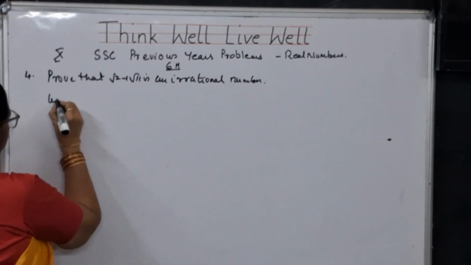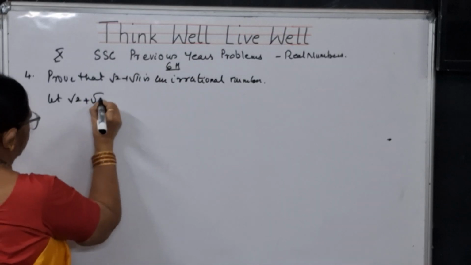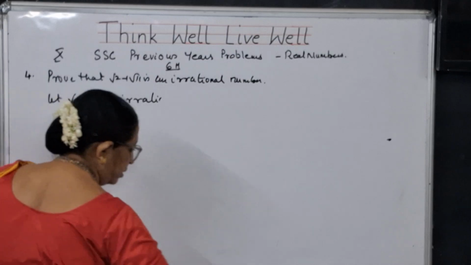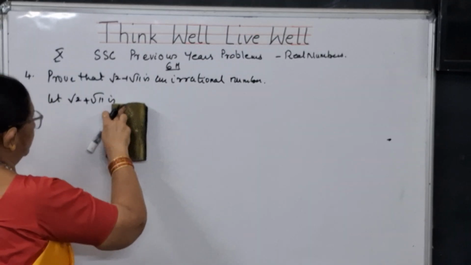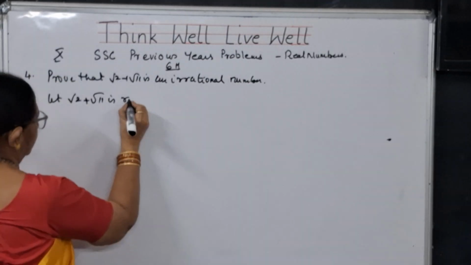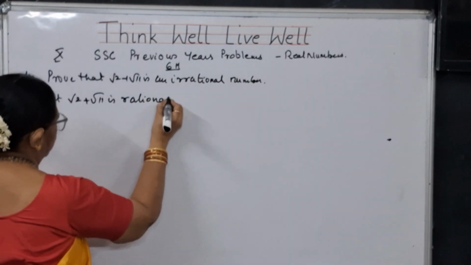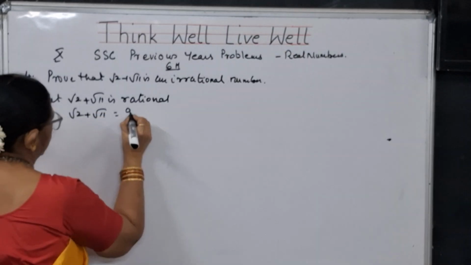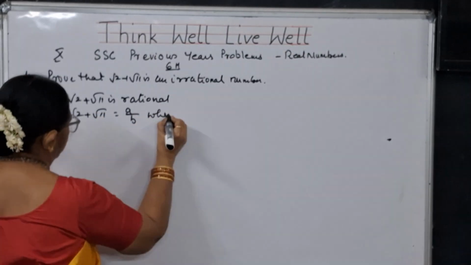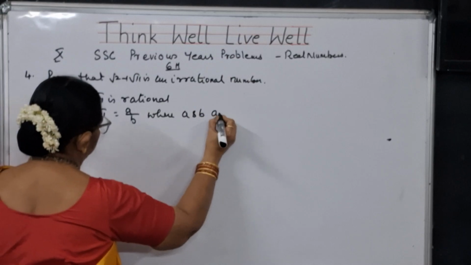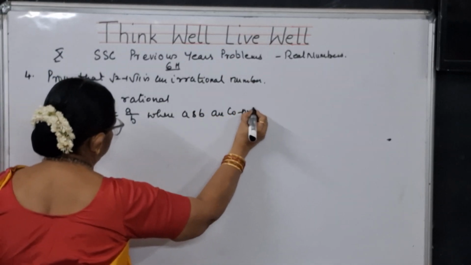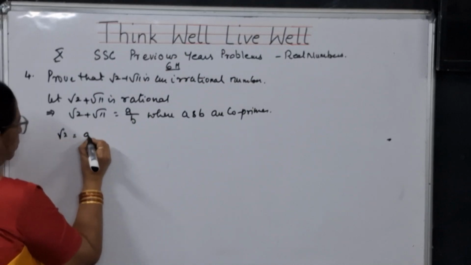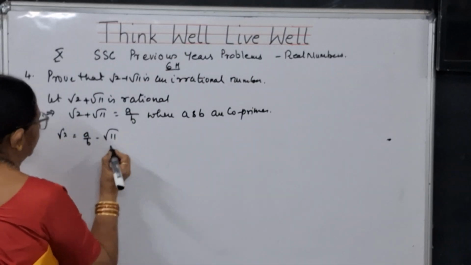So let us suppose root 2 plus root 11 is rational. We are considering that it is rational. What does this imply? Root 2 plus root 11 is equal to a by b, where a and b are co-primes. So root 2 is equal to a by b minus root 11.